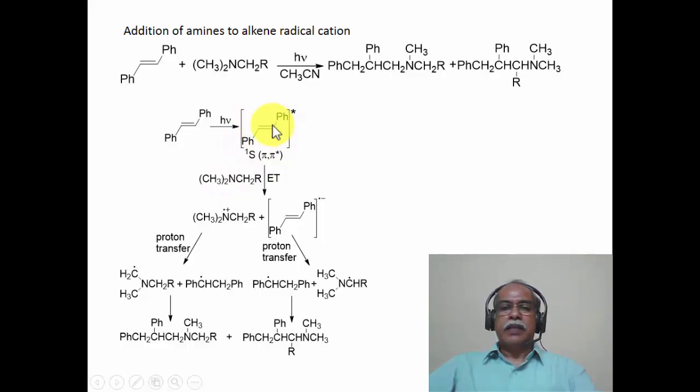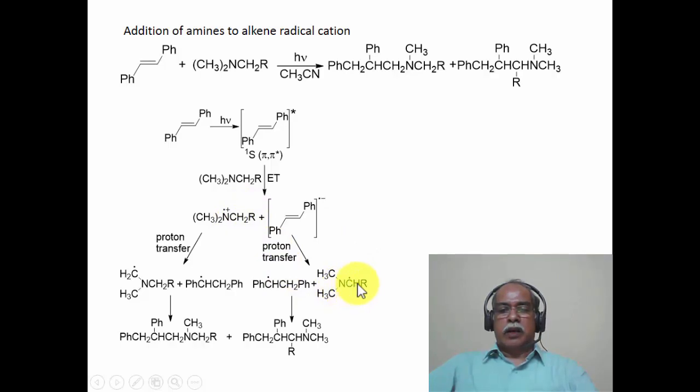Now proton transfer can take place from the methyl group or from the CH2 group. If the proton transfer takes place from the methyl group to the anion radical of stilbene, you will produce the benzyl radical as well as the CH2 radical attached to the nitrogen. On the other hand, if the proton transfer is taking place from the CH2 group, then you will produce the corresponding CHR radical and the benzyl radical, which is the same as the benzyl radical coming from here.